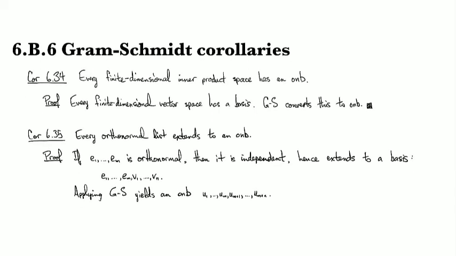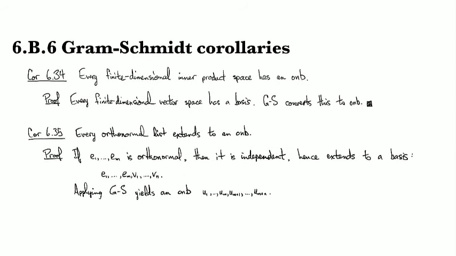But then if you look at the definition of the basis from the Gram Schmidt procedure, Uj is going to equal Ej.